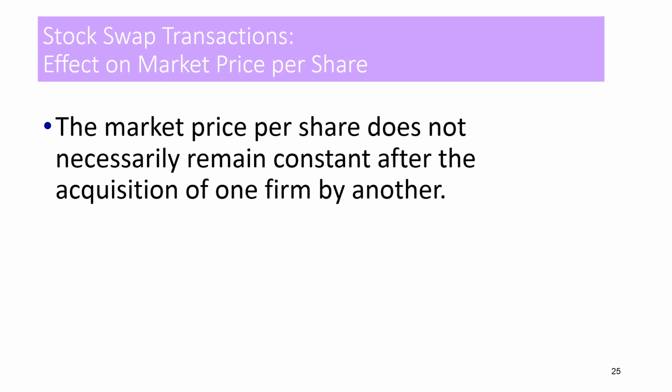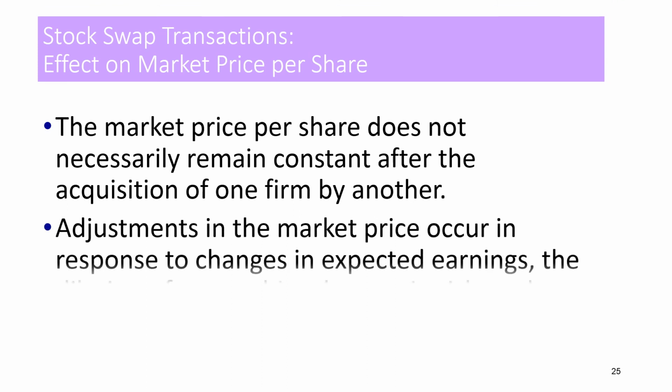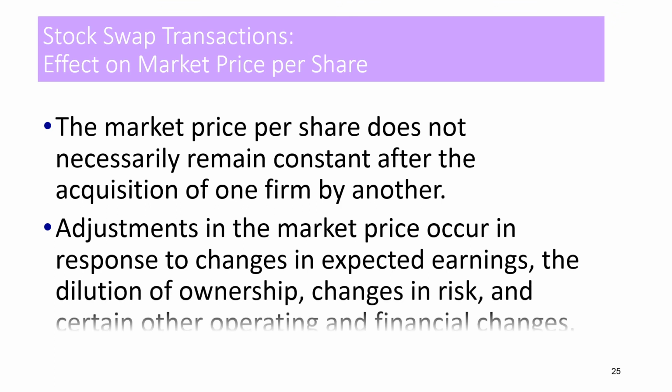Market price will depend on how investors evaluate the future prospect of the merger. Adjustments in the market price occur in response to changes in expected earnings, the dilution of ownership, changes in risk, and certain other operating and financial changes.